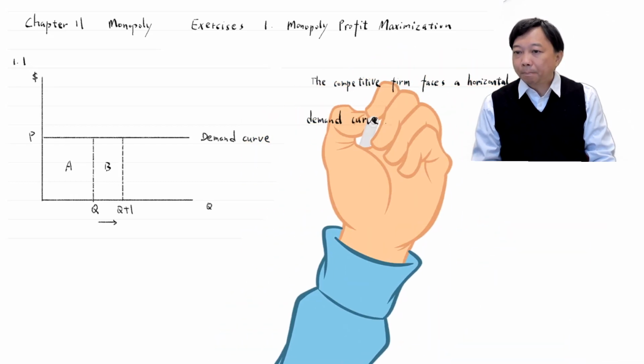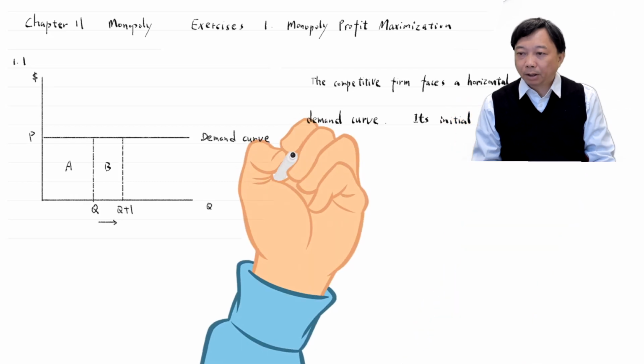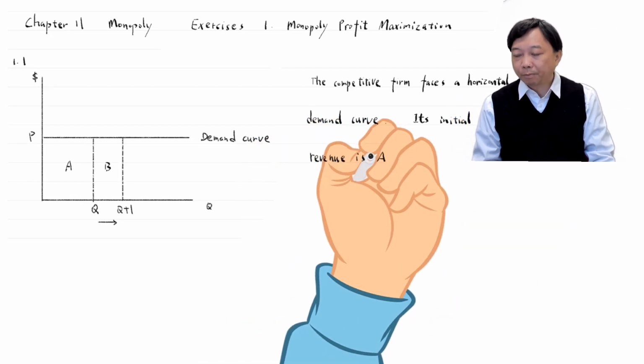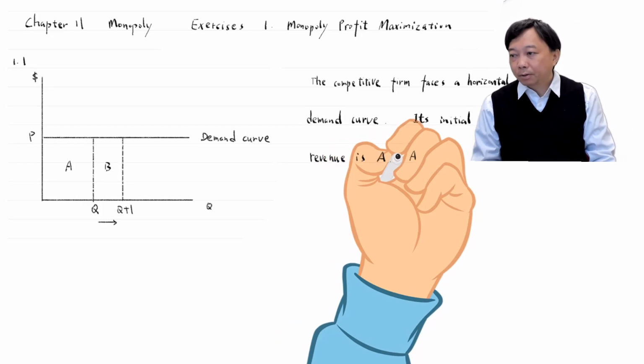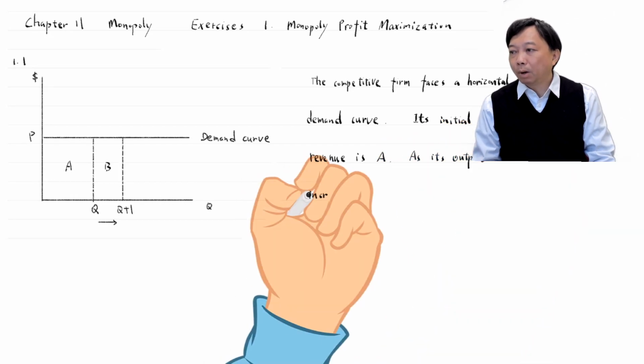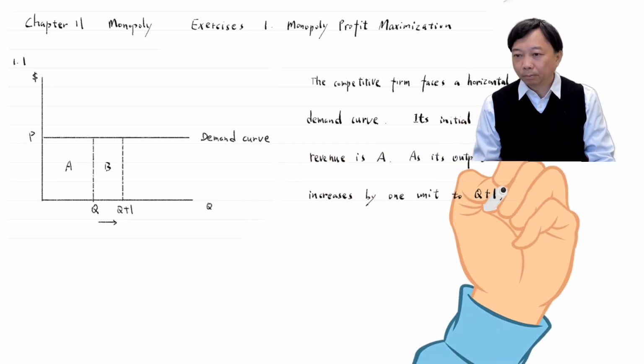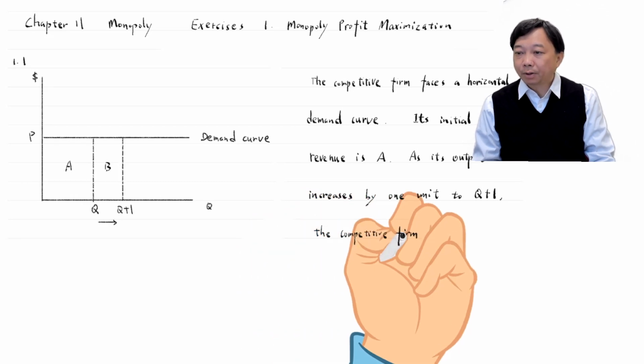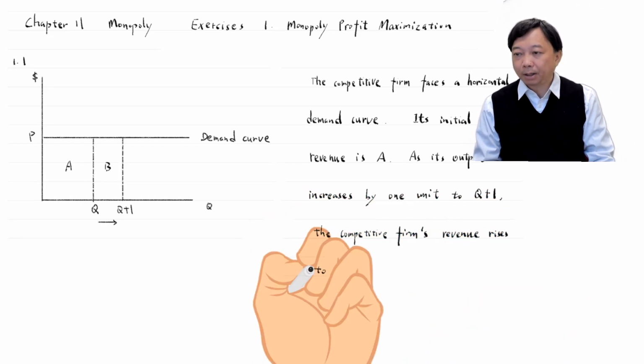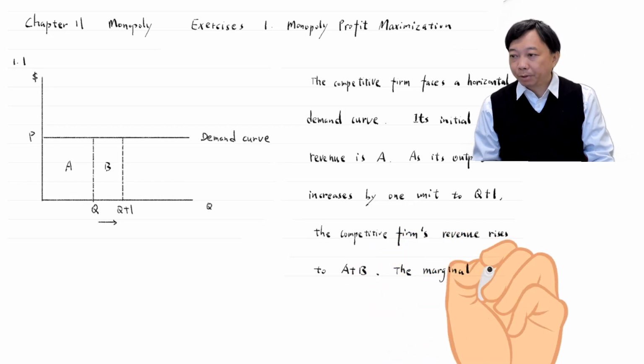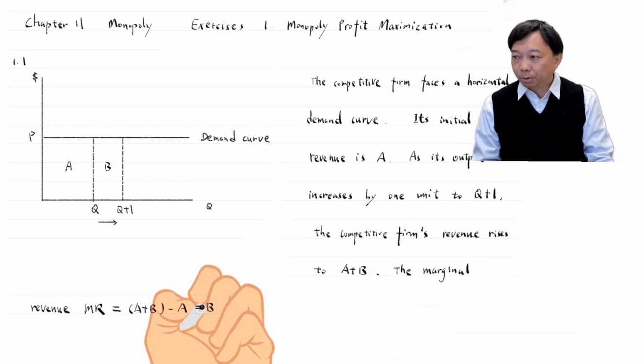Suppose the competitive firm's initial output is Q, and its revenue is area A, equal to P times Q. As its output increases by 1 unit to Q plus 1, the firm's revenue rises to the area of A plus B. The marginal revenue, which means the marginal increase in the revenue, equals A plus B minus A, which is B.